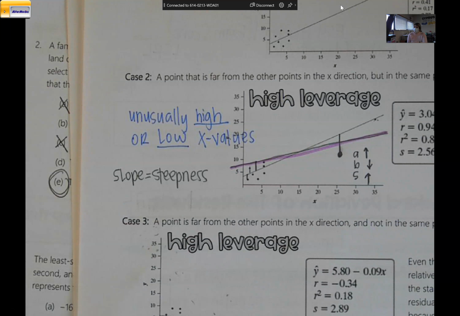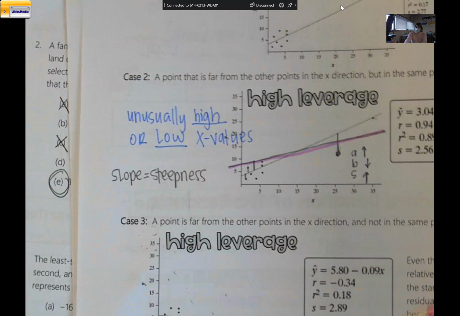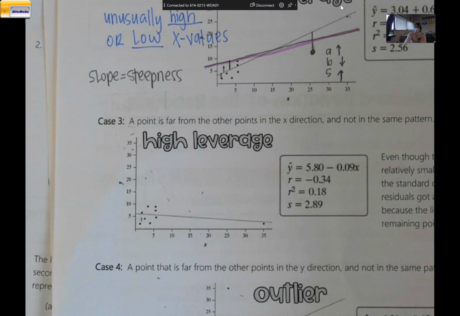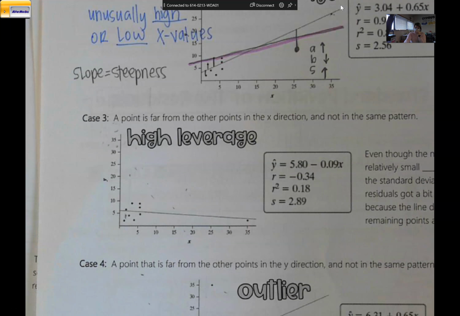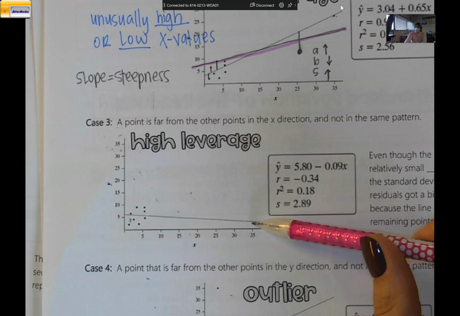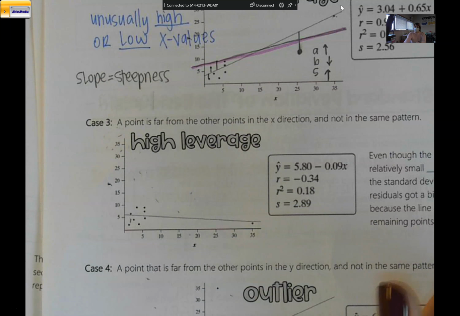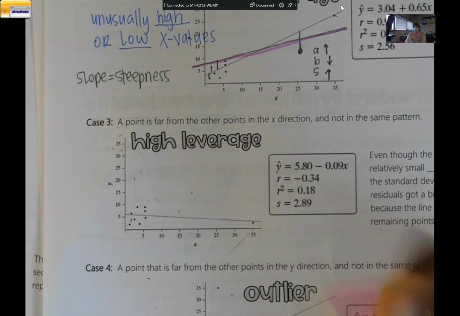The next one is also a high leverage point. The next one is also high leverage because he's unusually large X again. And I think it's easy to see how this has affected your relationship.